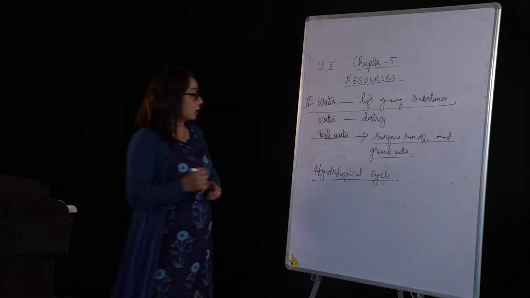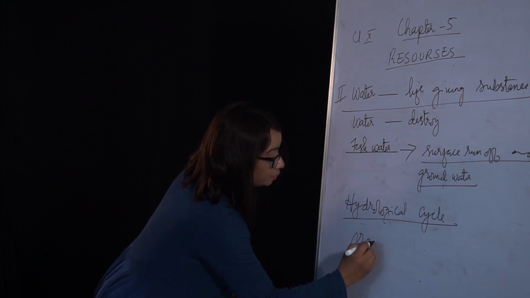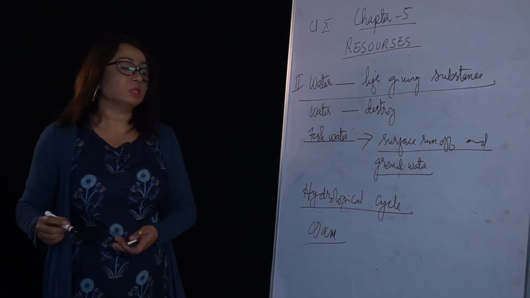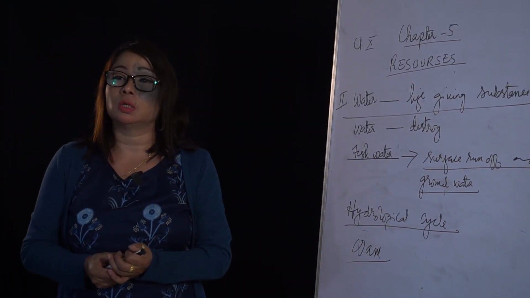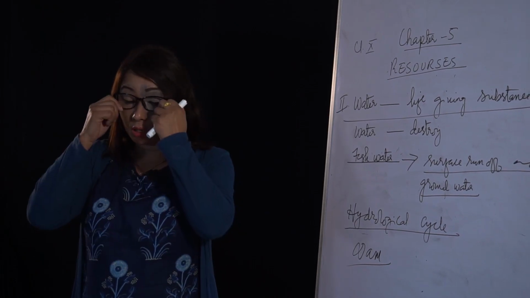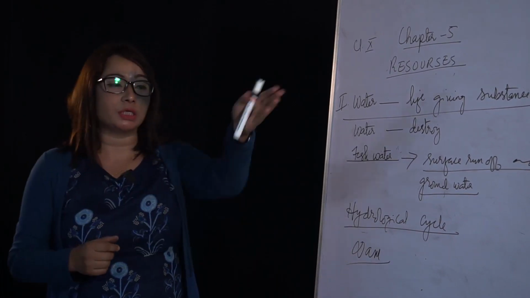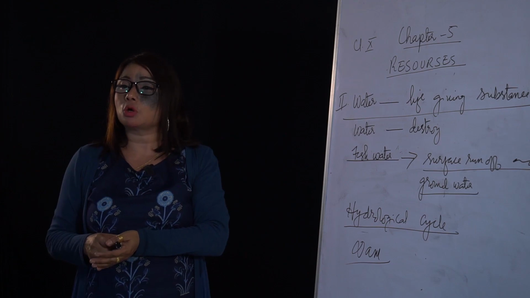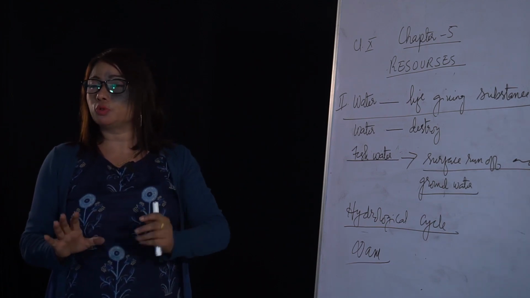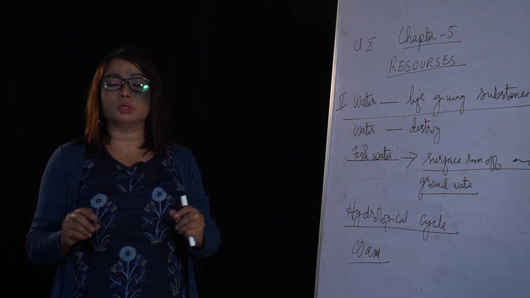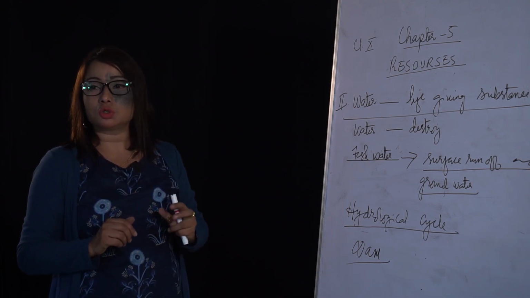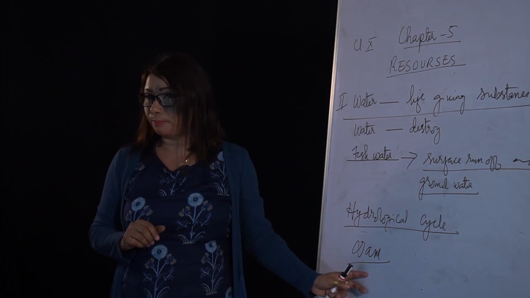Now the next one that I would like to discuss is the dam. What is a dam? A dam is a structure that is constructed across a stream or running water, by creating a barrier to stop, retard, slow down or divert the flow of water. This structure is called a dam.